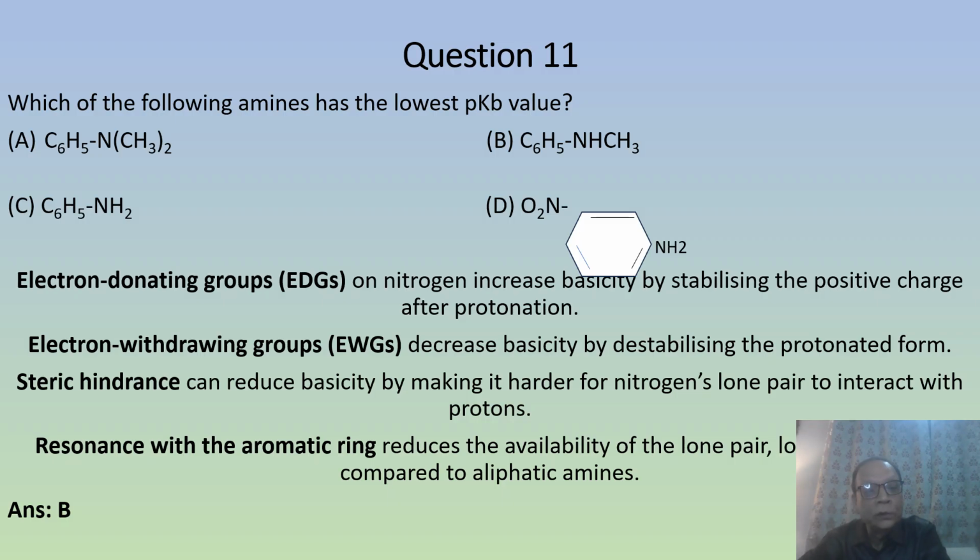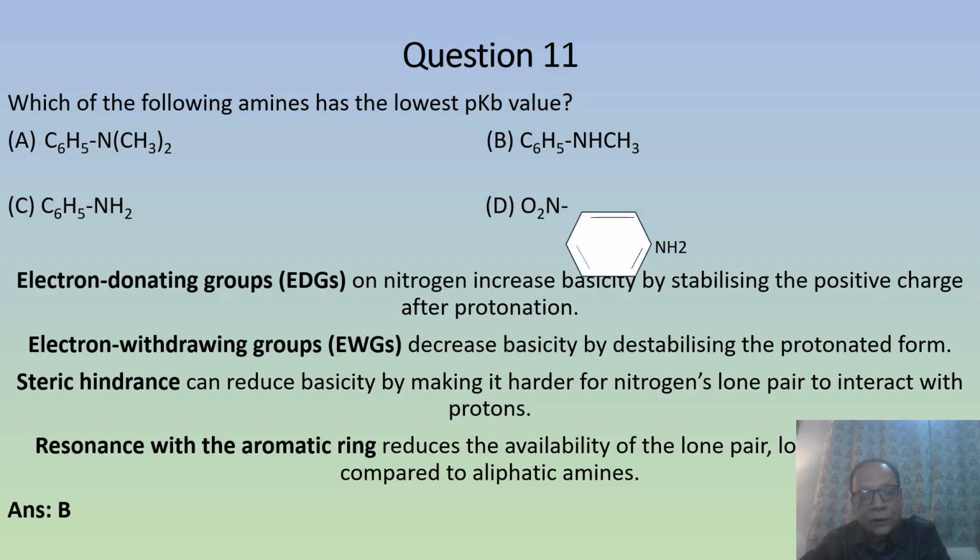Electron donating groups, EDGs, on nitrogen increase basicity by stabilizing the positive charge after protonation. Electron withdrawing groups, EWGs, decrease basicity by destabilizing the protonated form. Steric hindrance can reduce basicity by making it harder for nitrogen's lone pair to interact with the incoming protons.